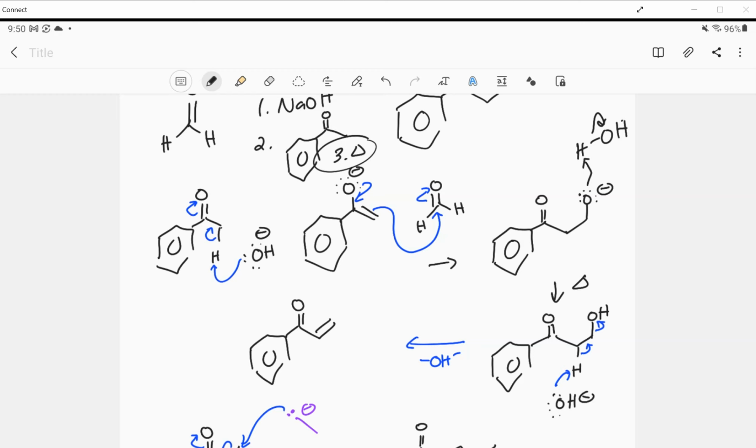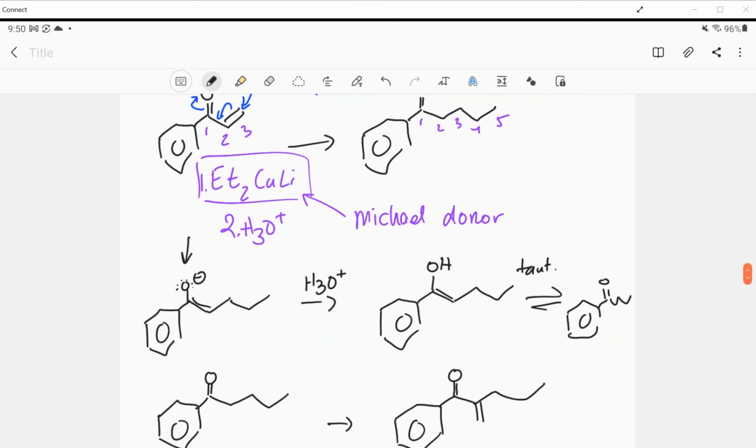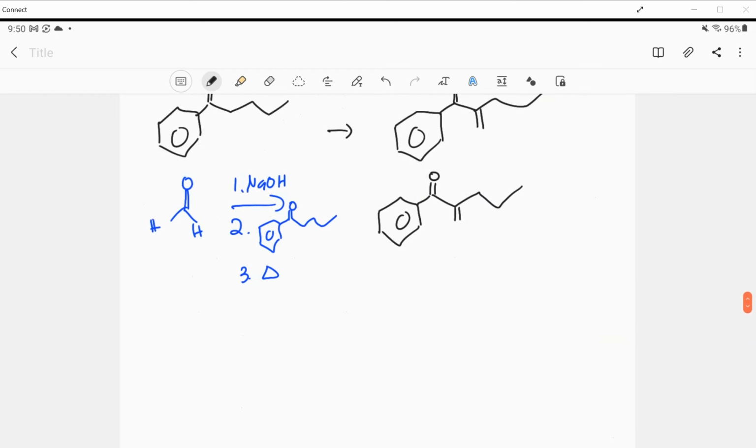Same mechanism here. So that's how we will accomplish that. So what was this one called? To reference the note, oh, it's another mixed aldol. Mixed aldol condensation, I suppose.